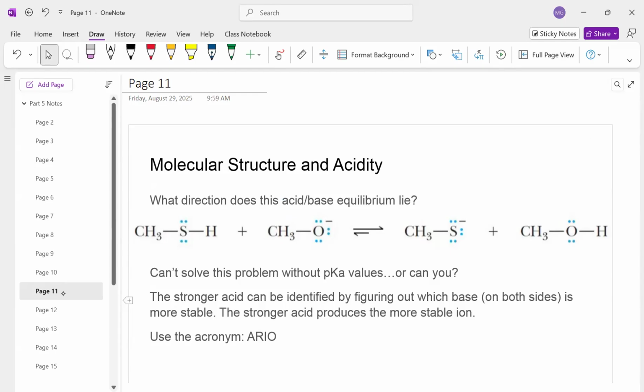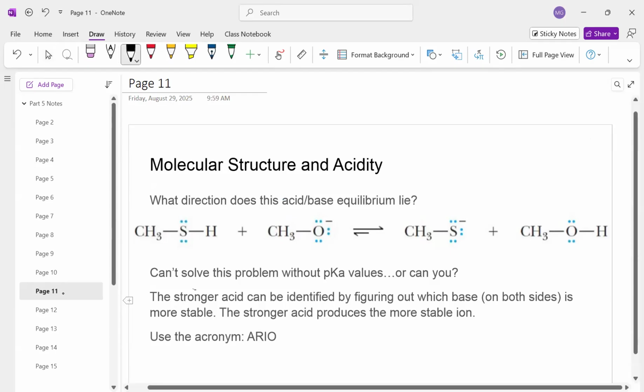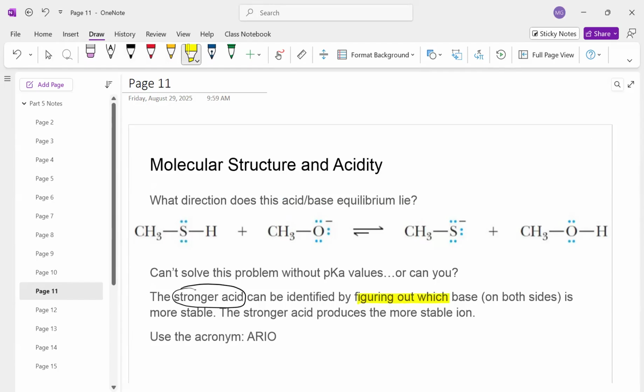The key thing here is that the stronger acid can be identified by figuring out which base is more stable. You're going to find the base on both sides and ask yourself, what is more stable? So of these bases here, not those two, which is more stable?